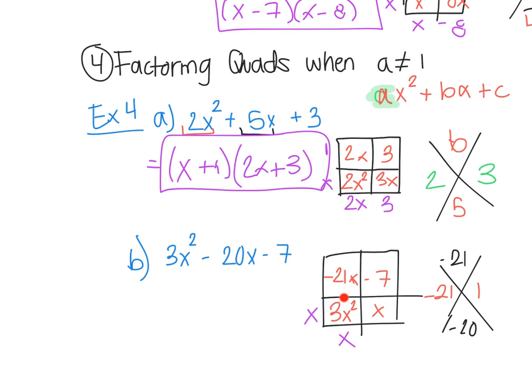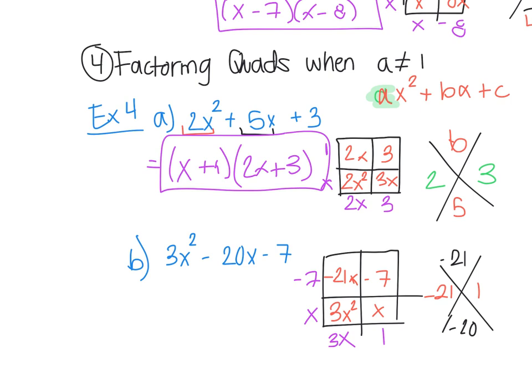And then the best place to put the 3 will be down here, since 3 times negative 7 is negative 21. So I'll put my 3 down here. And then to multiply 3x by something to get negative 21x, that would have to be negative 7. And then to get x times what is x, that would just be 3x plus 1.